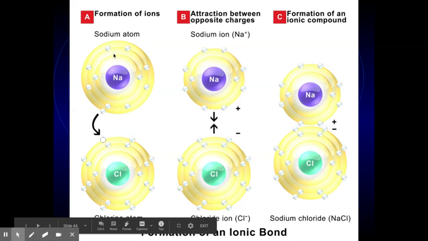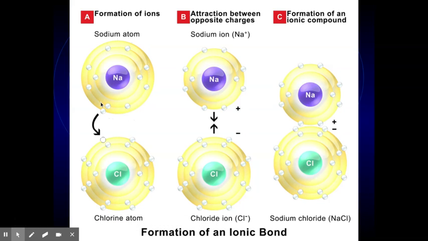So here's an example. Here's your sodium atom. When we say an atom, we mean protons and electrons are equal. When it becomes a sodium ion, it's shed that outer layer, right? Why would it do that? Well, maybe it met up with chlorine. Sodium had this one electron it wanted to get rid of. Chlorine wanted one more to fill its outer shell. So sodium transfers that electron over to chlorine.